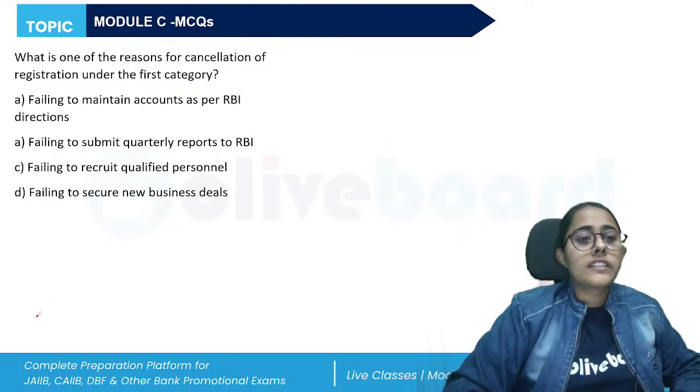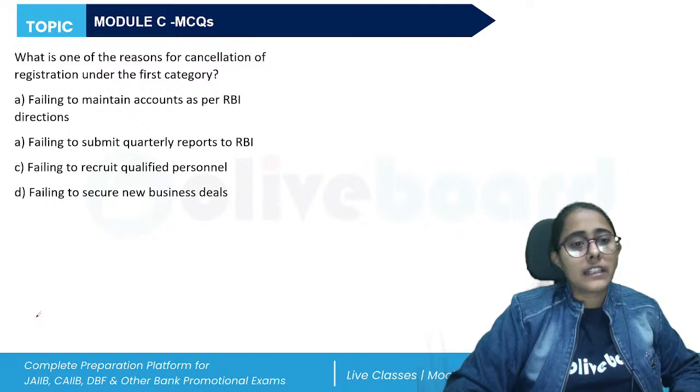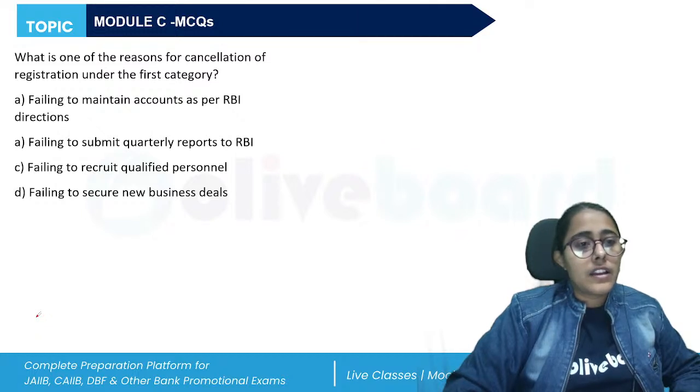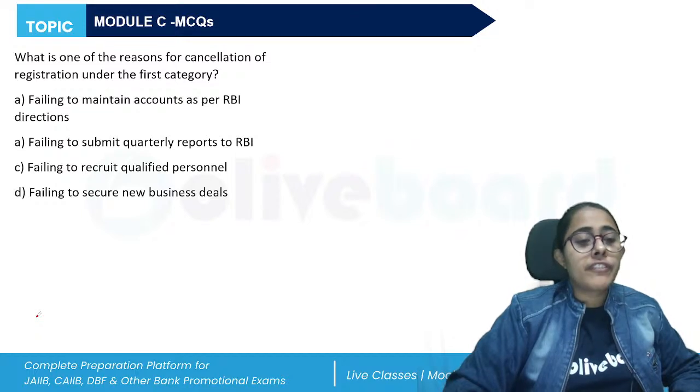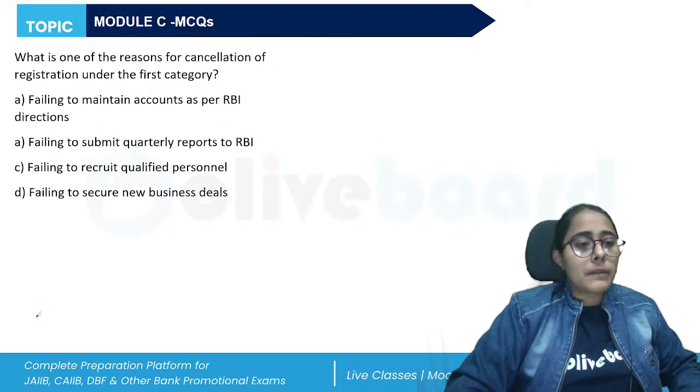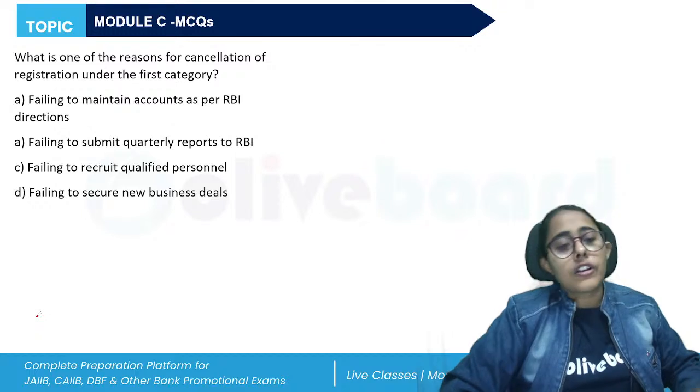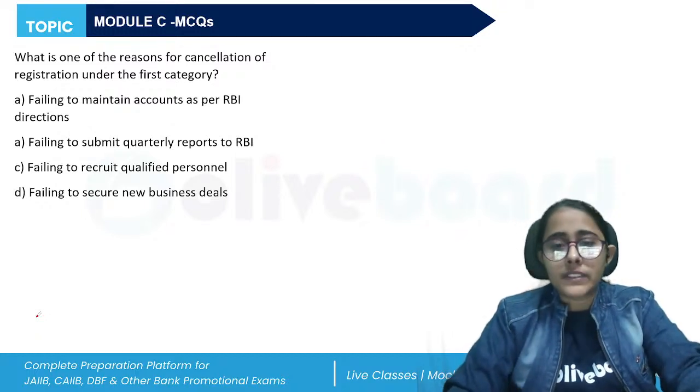Next, what is one of the reasons for the cancellation of the registration under the first category? So, when will the company's registration be cancelled? If it fails to maintain the accounts as per the RBI directions, or they fail to submit quarterly reports to RBI, they fail to recruit qualified personnel, or they fail to secure new business deals.